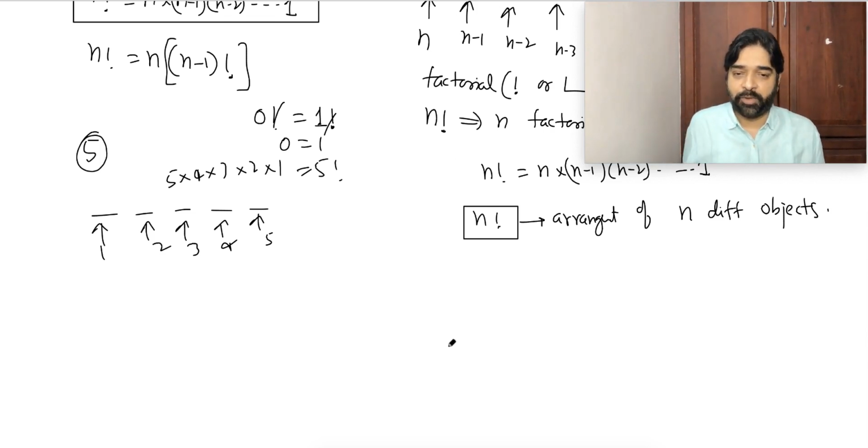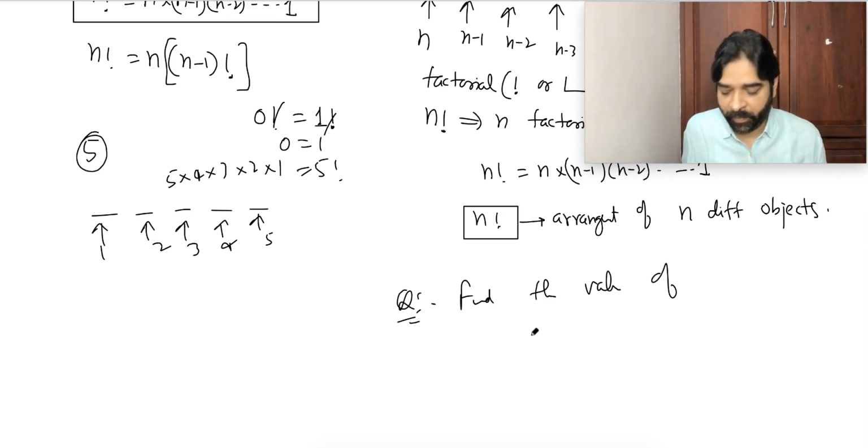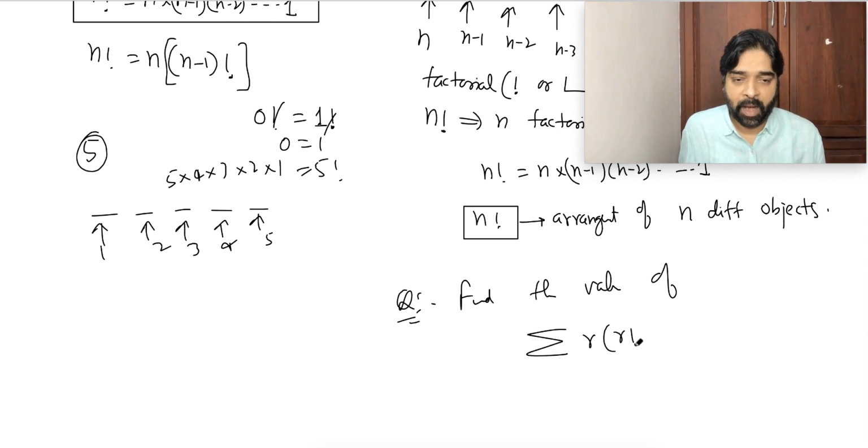One of the questions I am showing you, if you can solve it, write it. Find the value of sigma r into r factorial, r varying from 1 to 100 or 1 to n.